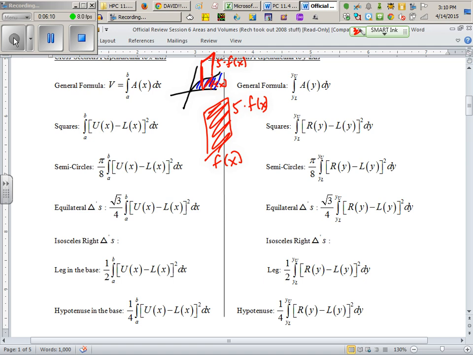It's half a square, though. I think we should just draw like a little sketch of each one, so you can kind of see what these are talking about again.